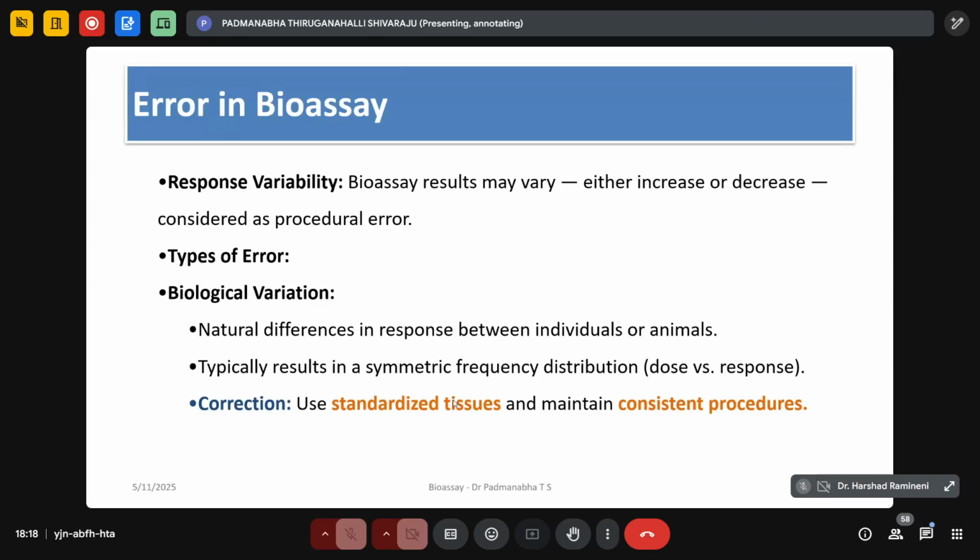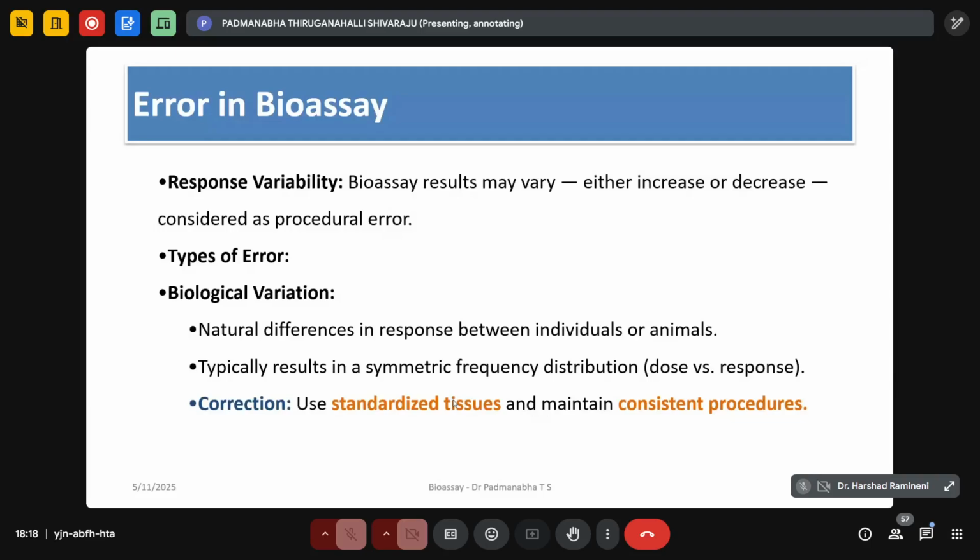And typically results will be in a symmetric frequency distribution, but it can vary based on the individual responses as well. So how do we correct this biological variation? We need to use a standardized tissue and maintain consistent procedural values as well as the procedural steps.